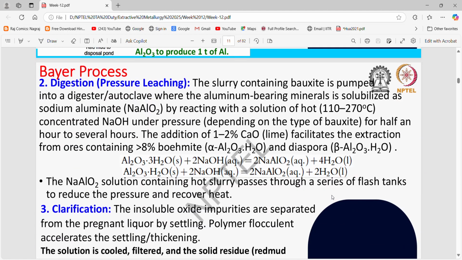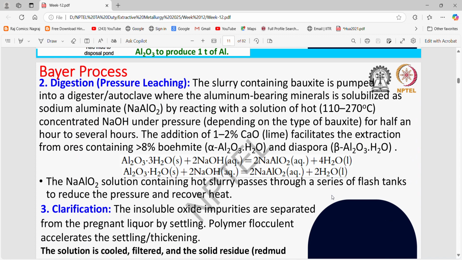Then the second step is the digestion process, which is also known as the pressure leaching step. The slurry containing bauxite is pumped into a digester, or we can say autoclave, where the aluminium bearing minerals are solubilized as sodium aluminate by reacting with a solution of hot concentrated NaOH under pressure.